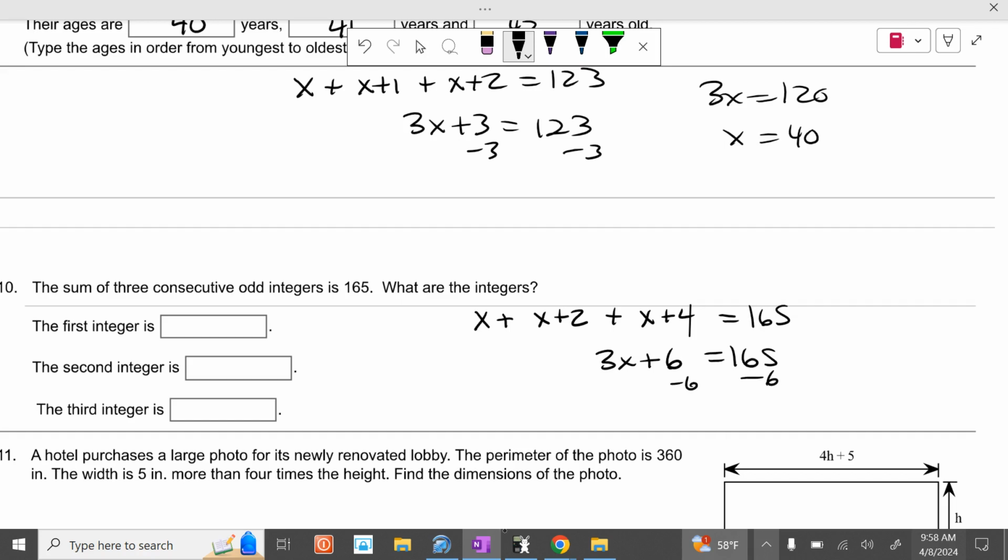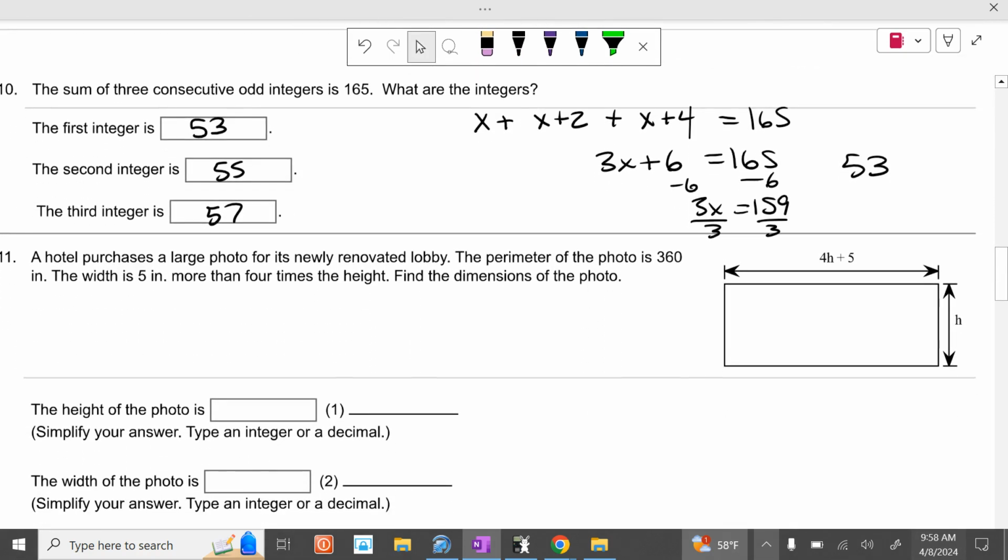Subtract 6. 3x equals 159. Divide by 3. And that's 53. So if the first number is 53, the middle number is 55, and the big number is 57. That's how you do consecutive odd integers. You good? Yeah. Good enough for now.